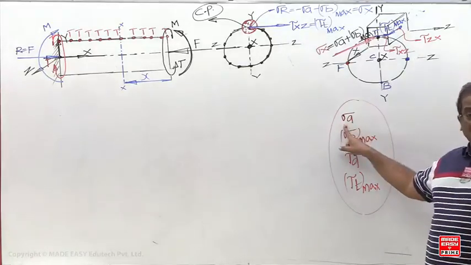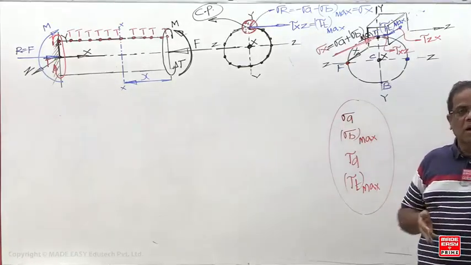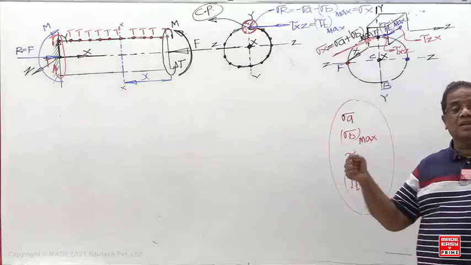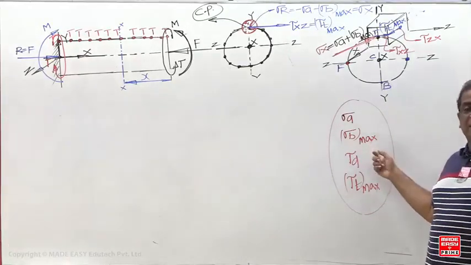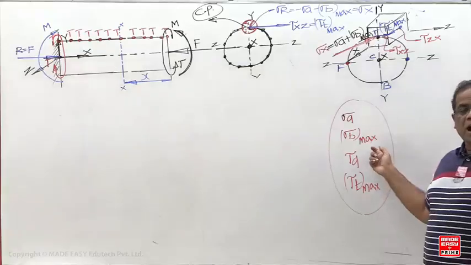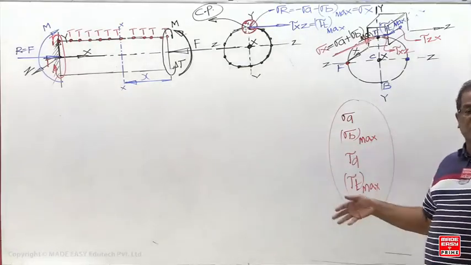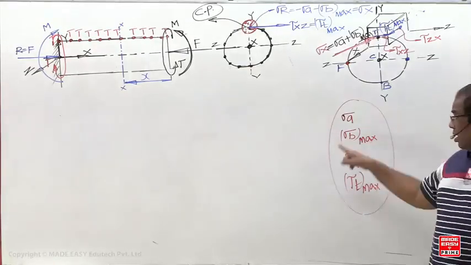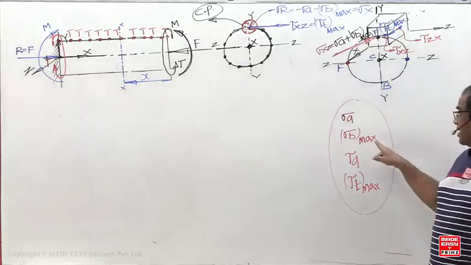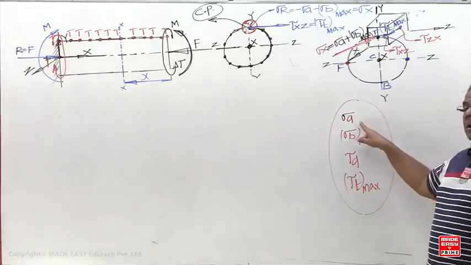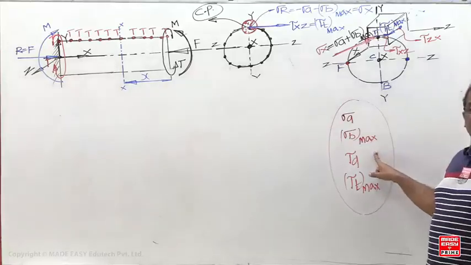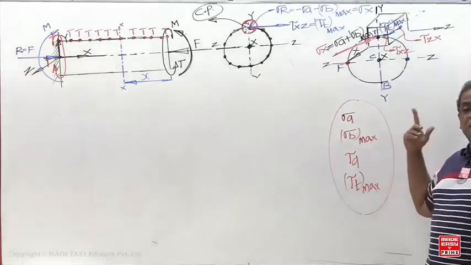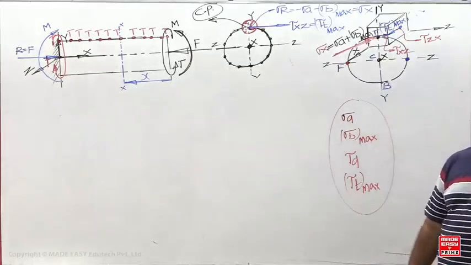Axial stress is due to axial load. Axial load is what? Normal load on a cross section that passes through the centroid. Bending stress is due to bending moment, which is the algebraic sum of the couples and moments on the cross section. These are all about the cross section only. That's why in the denominator you see P by A, where A is the area of cross section, and M by Z, where Z is the section modulus of the cross section.